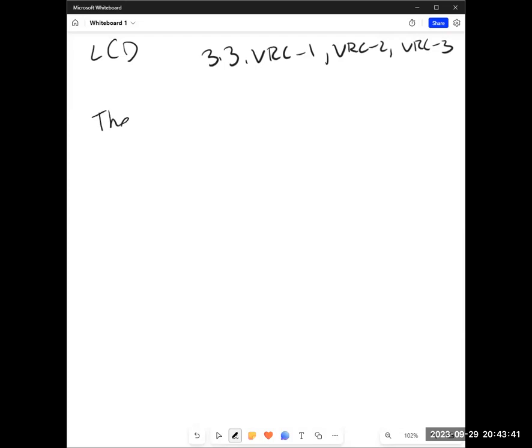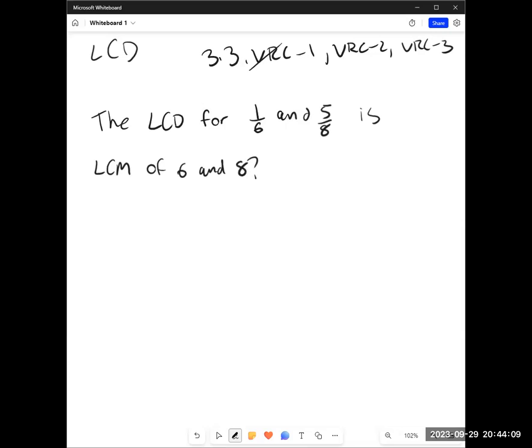So the LCD for 1/6 and 5/8, this was that definition that I just read to you, is, and we're really asking what the LCM of 6 and 8 is, almost an equivalent question here.